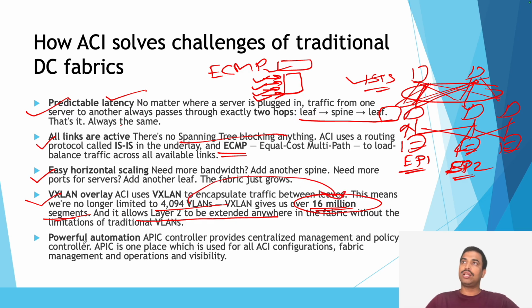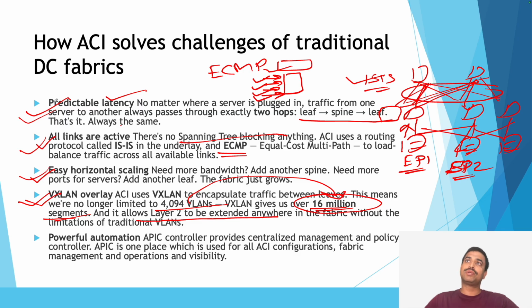Now, all these benefits that we have seen in points 1, 2, 3, 4 are present in different fabric types. For example, take a BGP EVPN type of fabric, which is also based on a spine leaf type of architecture.